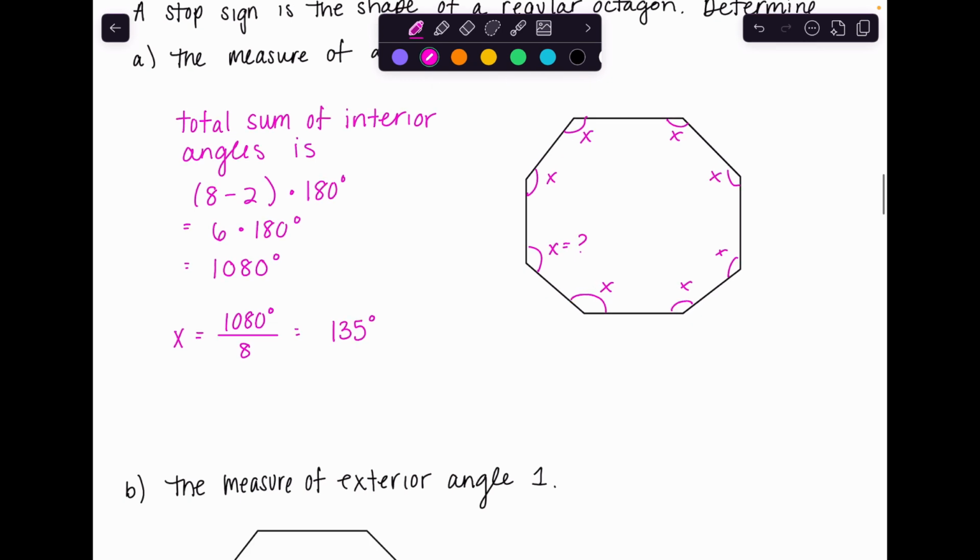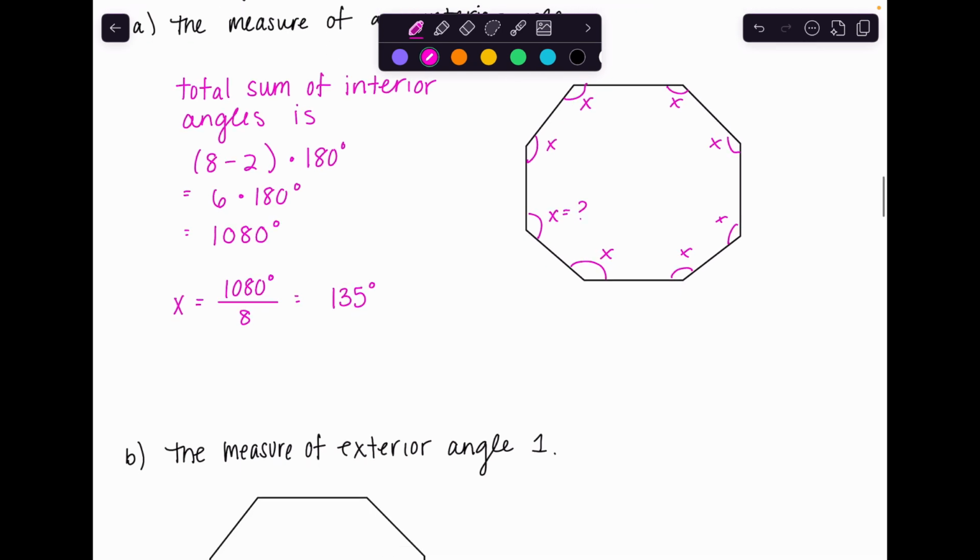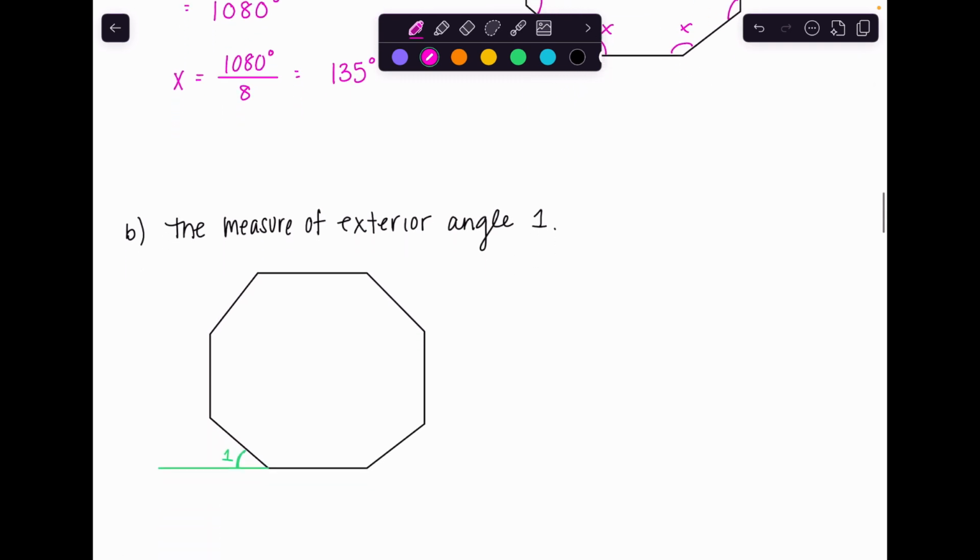Now that we know that, we're going to find the measure of exterior angle 1. And so just for reference, what that means, exterior angle is if you were to continue that side in a straight line, what is that value right here? So I know that this angle is 135 degrees and it forms a straight line.